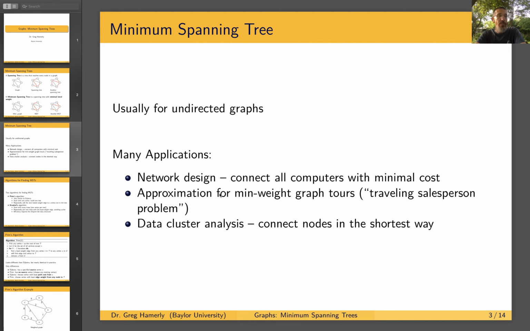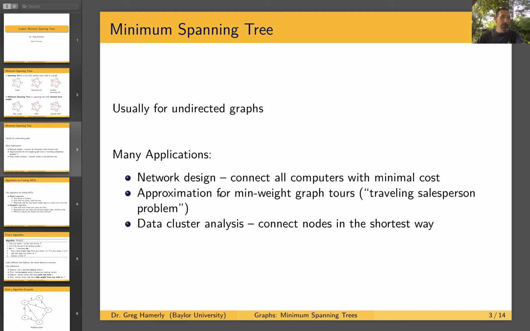Because if you don't have a spanning tree, then there are going to be some pairs of computers that cannot talk to each other. So the least number of connections that you need is a spanning tree number of connections. And this minimum spanning tree says, how do we connect all these things into a spanning tree in a way that minimizes the total cost? And that cost could be, say, the length of the network cabling between pairs of computers.